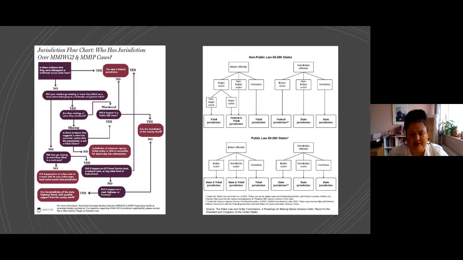And then there's even the difference in Public Law 280 states, which is basically an allocation of criminal jurisdiction in Indian country. So states that are authorized, like Alaska, California, Minnesota, Nebraska, Oregon, and Wisconsin, can prosecute crimes that occurred in Indian country.